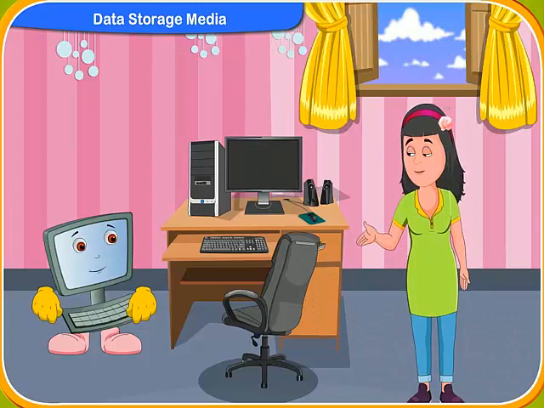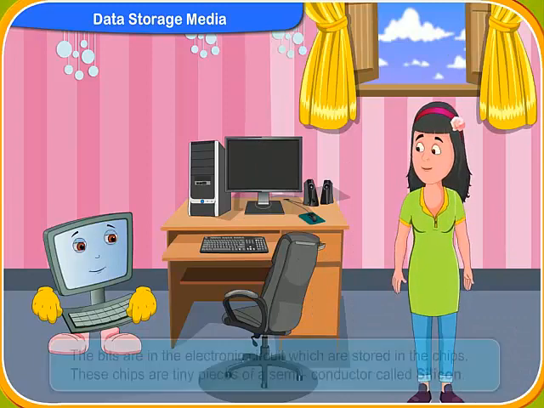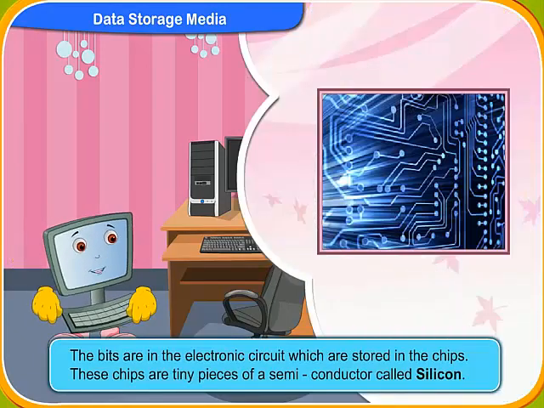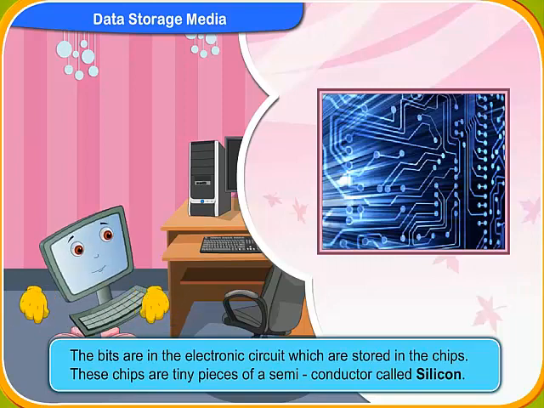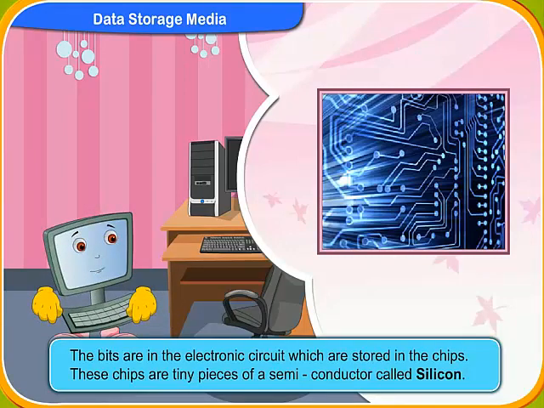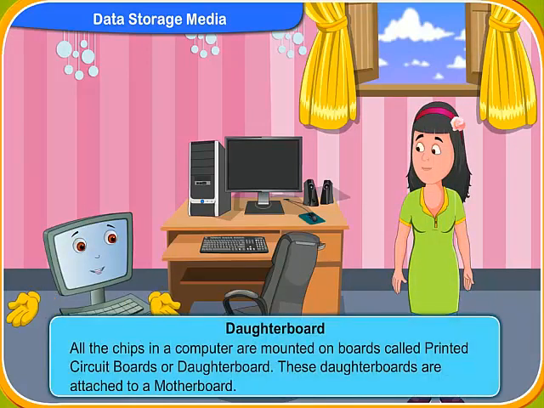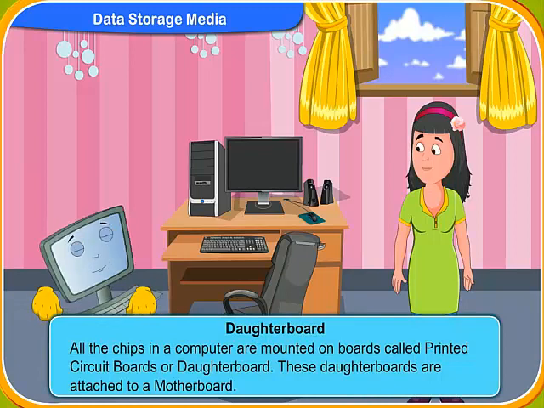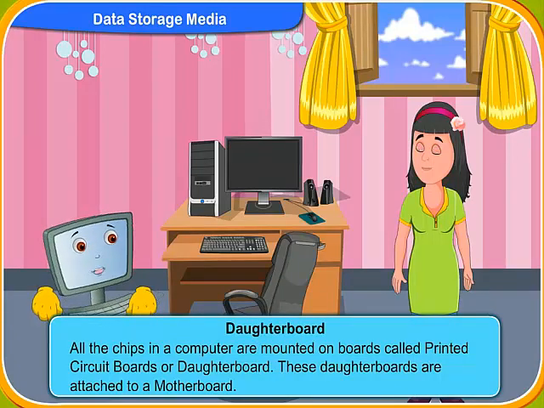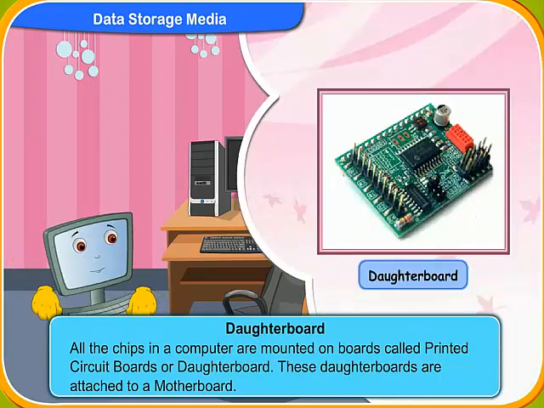Where are these bits found in the computer? The bits are in the electronic circuits, which are stored in the chips. These chips are tiny pieces of semiconductor called silicon. Millions of circuits are assembled on each chip. Where are the chips in the computer? All the chips in a computer are mounted on boards called printed circuit boards or daughter boards.